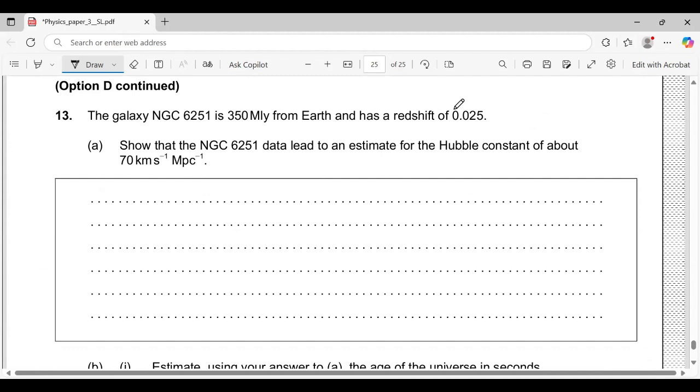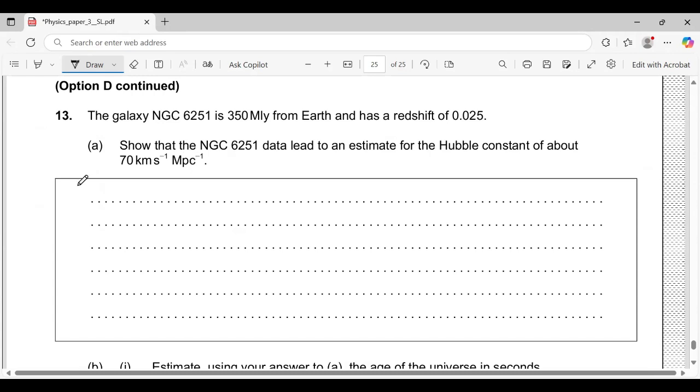Show that the NGC 6251 data lead to an estimate for the Hubble constant of about 70 kilometers per second per Mpc, megaparsec.